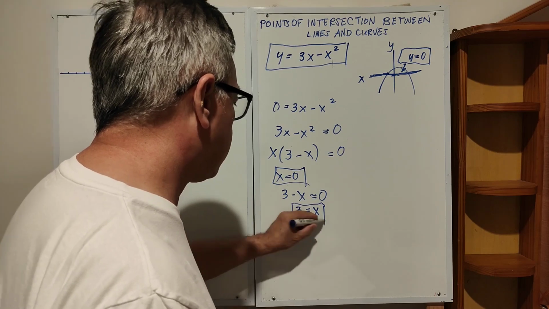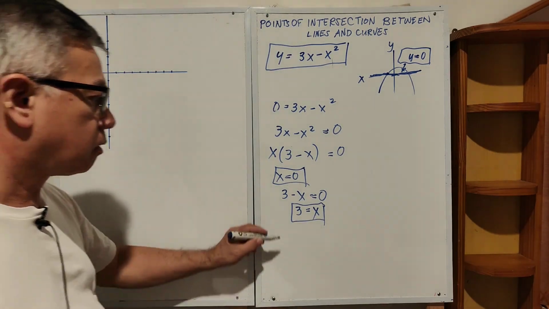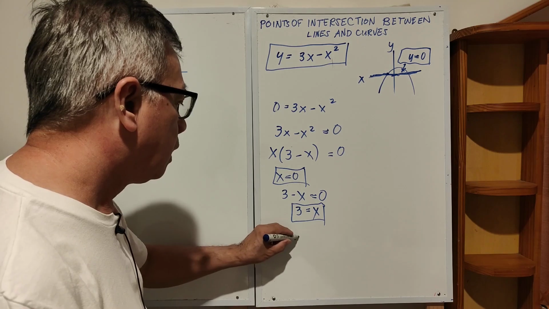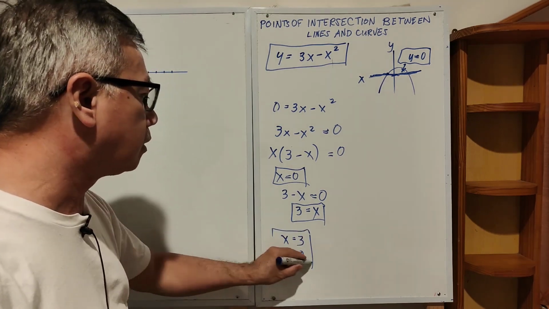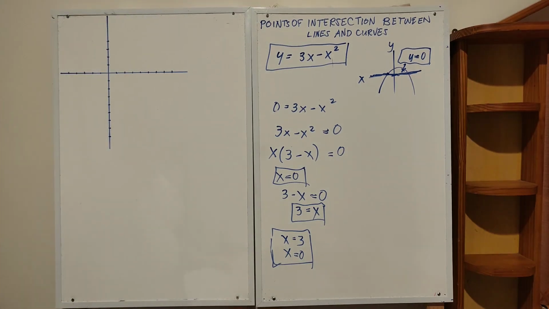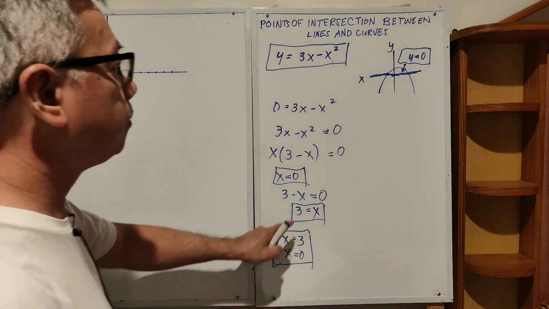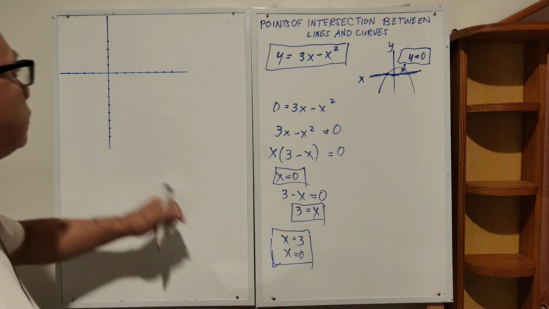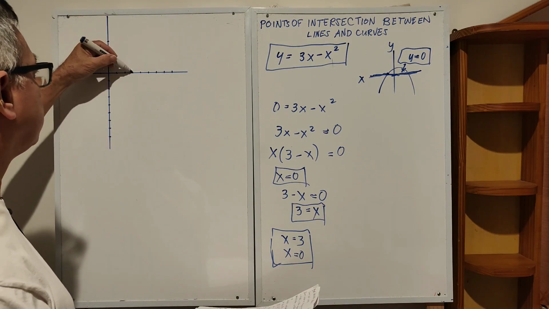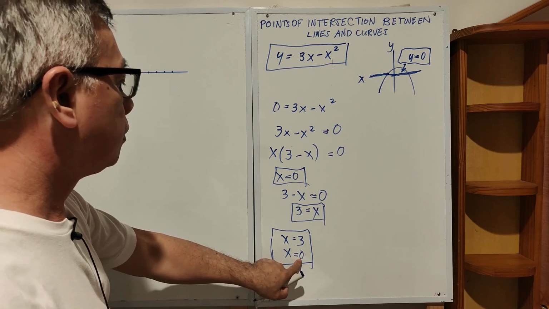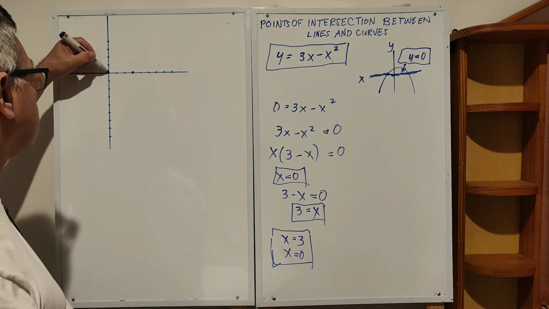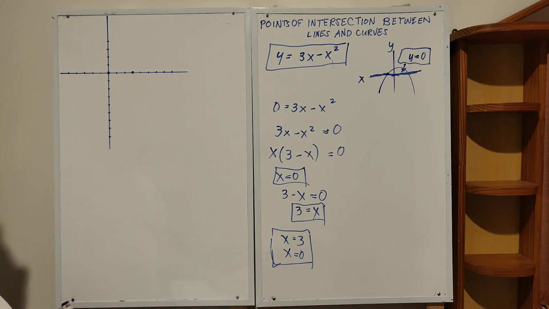So you get two values of x: x is equal to 3 and x is equal to 0. These are your points of intersection. If you plot this here, x is equal to 3, so 1, 2, 3, is your first point of intersection, and the second point of intersection is x is equal to 0.